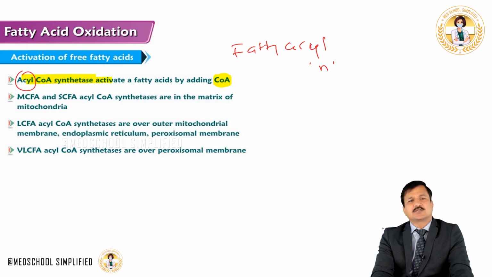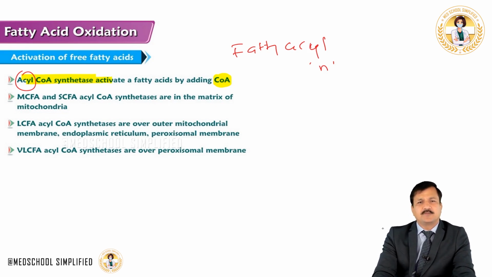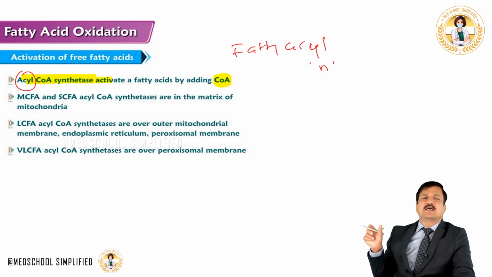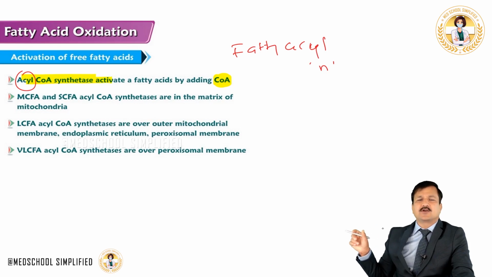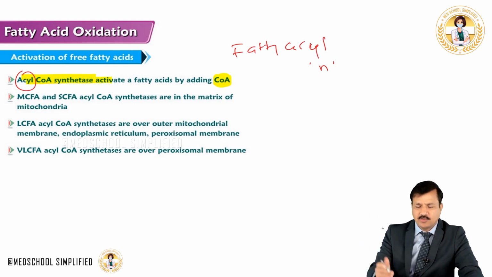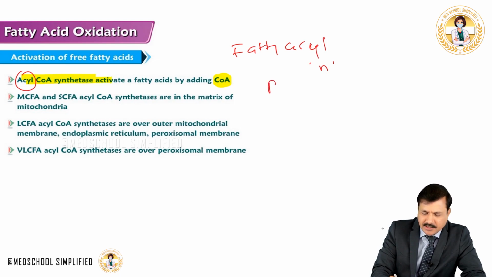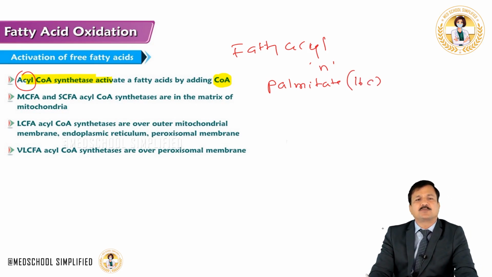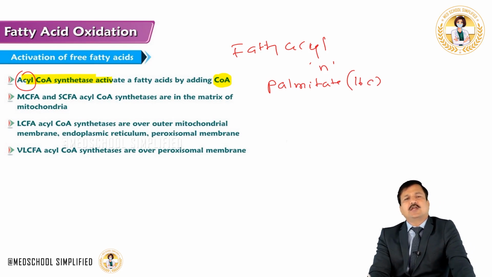So, if it is a short chain fatty acid or a medium chain fatty acid or long chain fatty acid or very long chain fatty acid, each fatty acid has its own fatty acyl-CoA synthetase. Just to give you an example, I am interested in palmitic acid, palmitate, which is a 16 carbon saturated fatty acid. So, I want to activate palmitic acid.